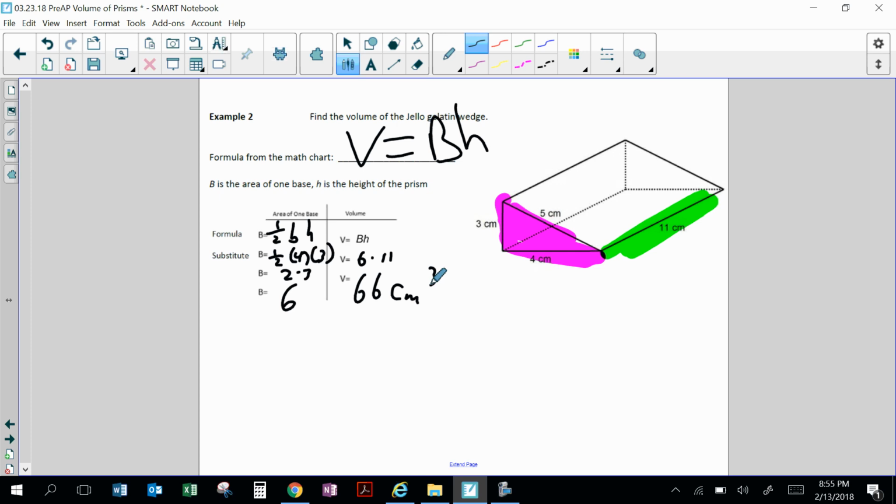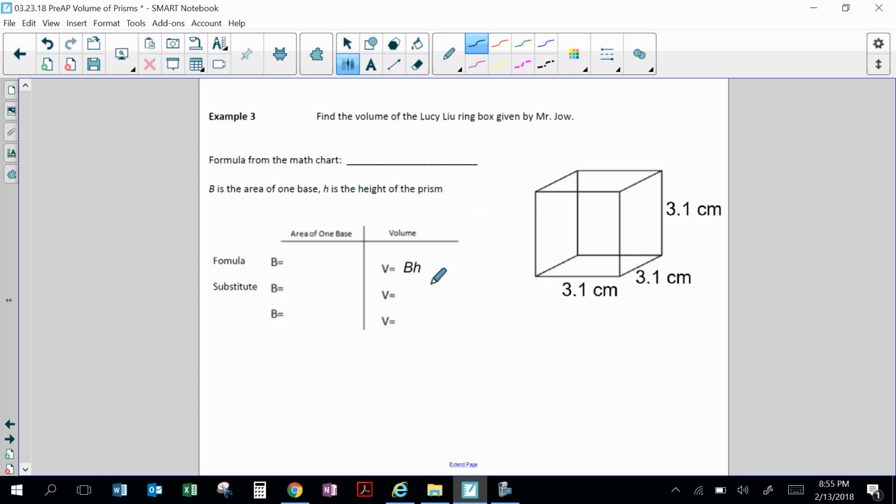And the last example, example 3. Find the volume of the Lucy Lou ring box given by Mr. Joe. The formula is capital V equal capital BH. So big B is the area of one base and H is the height.